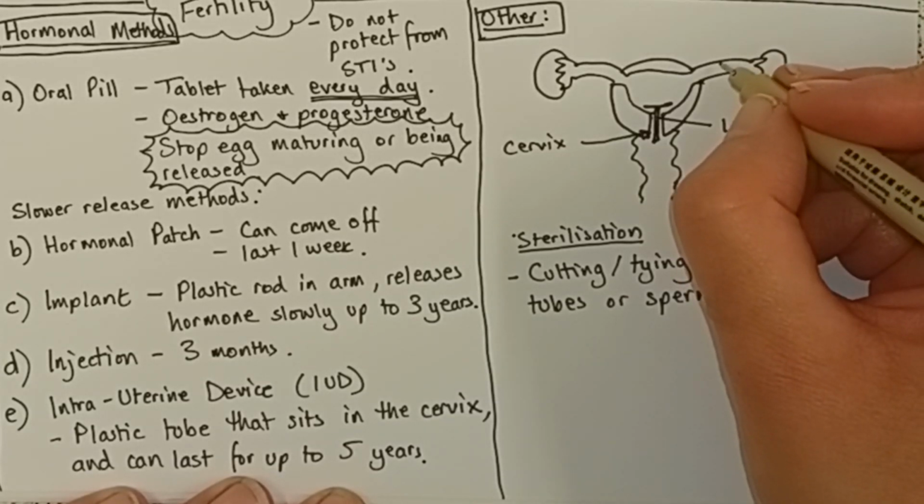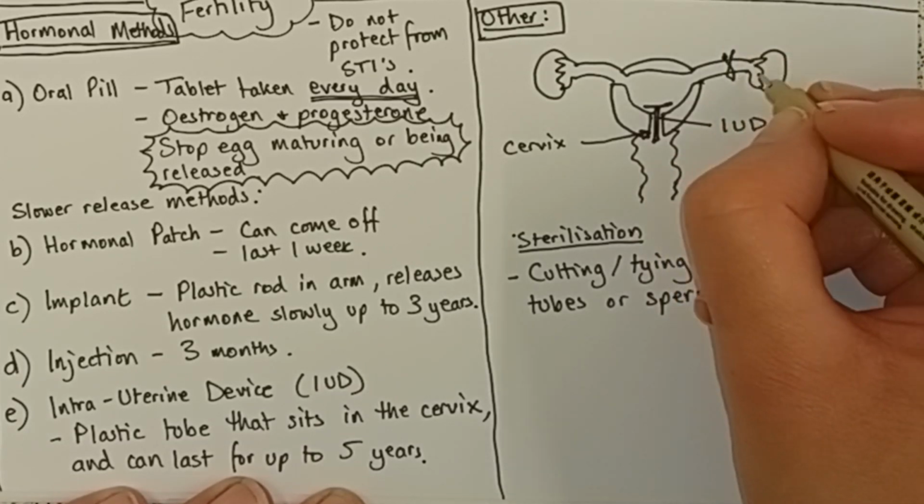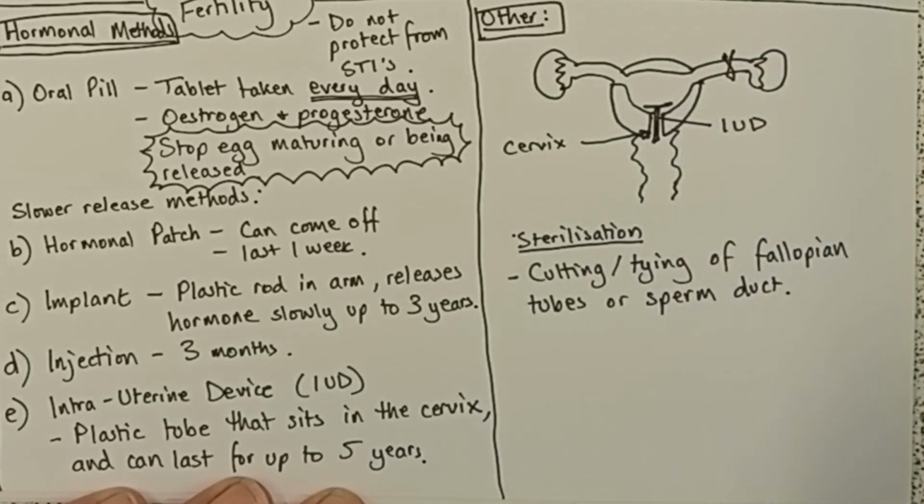So in women, you can have your tubes tied, so they put a band around there, tying it tight, and that means that the egg can't get through down to there, so it can't get fertilised.